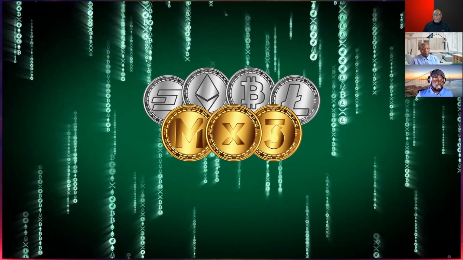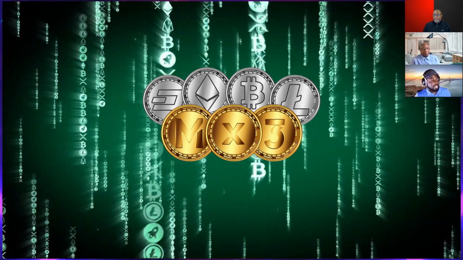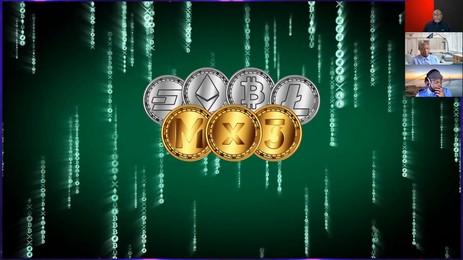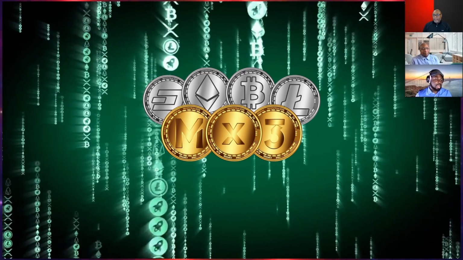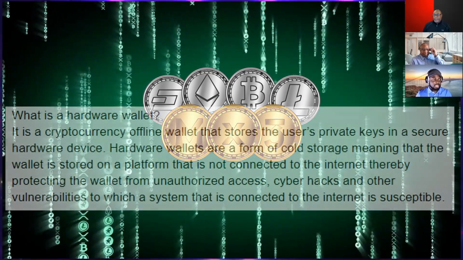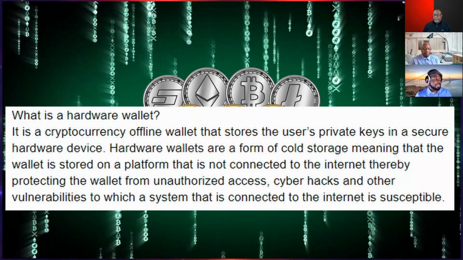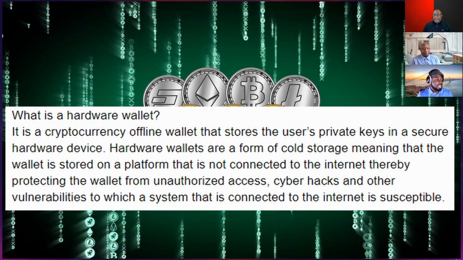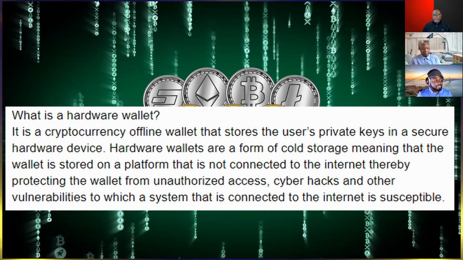So those are some really good insights, guys. And now let's go back to talking about hardware wallets. So what is a hardware wallet? It is a cryptocurrency offline wallet that stores the user's private keys in a secure hardware device.